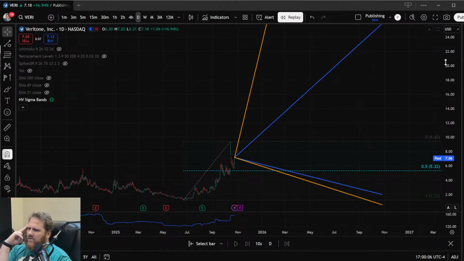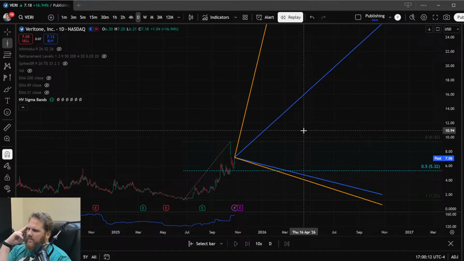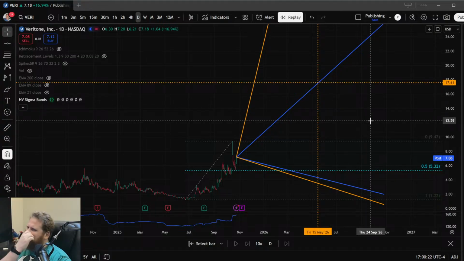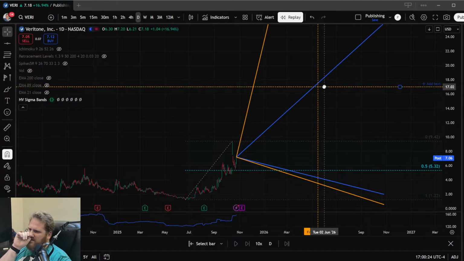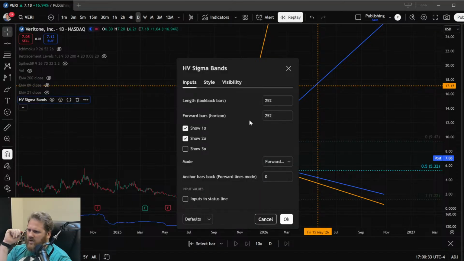Okay, so May 26, probably right about there, 17.5. So it's about where that is. Yep. And yeah, that's the first standard deviation. That's what most options are priced on.